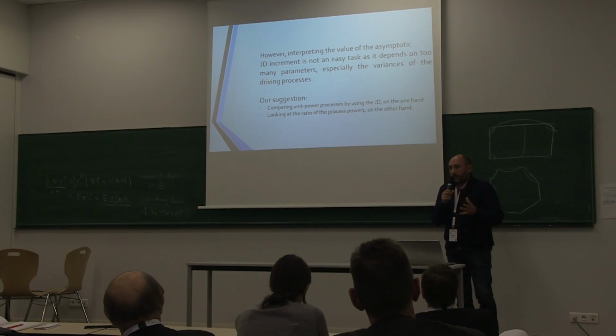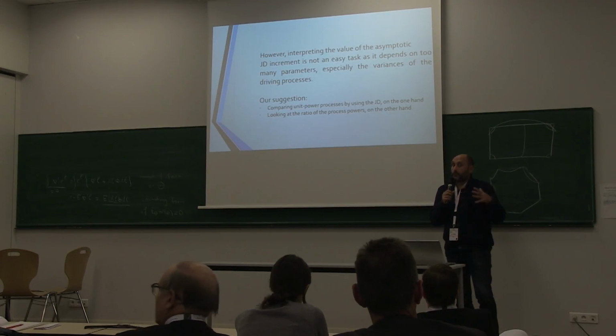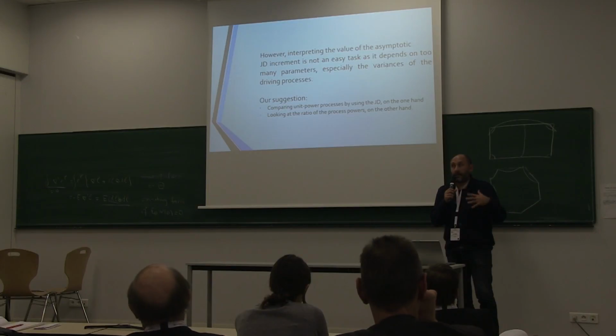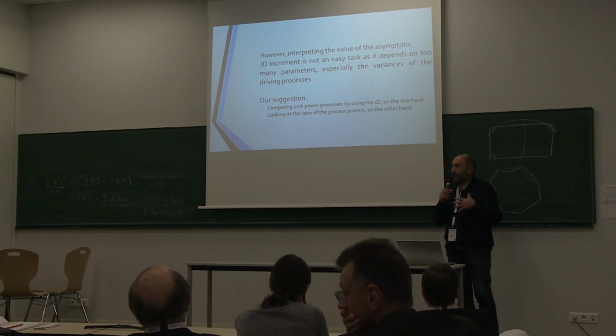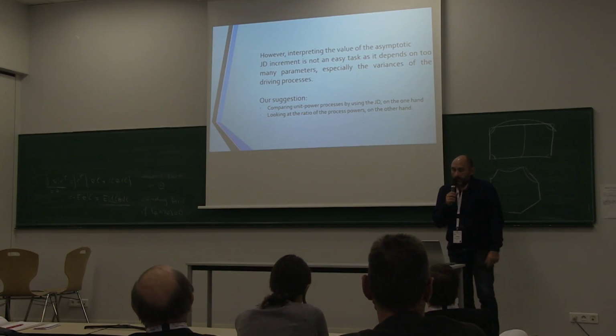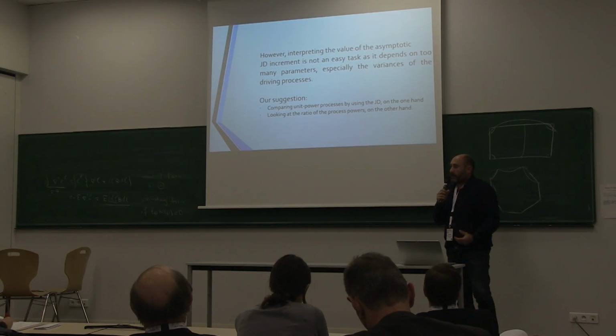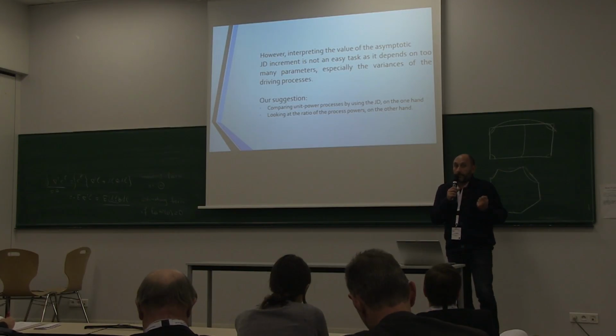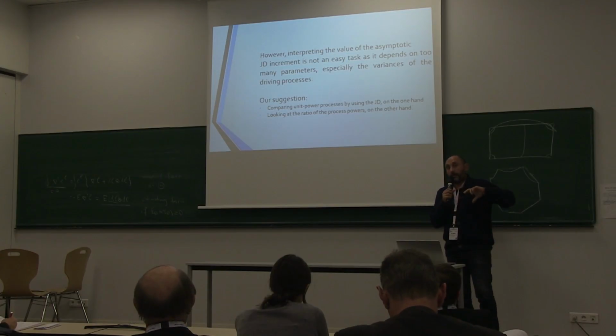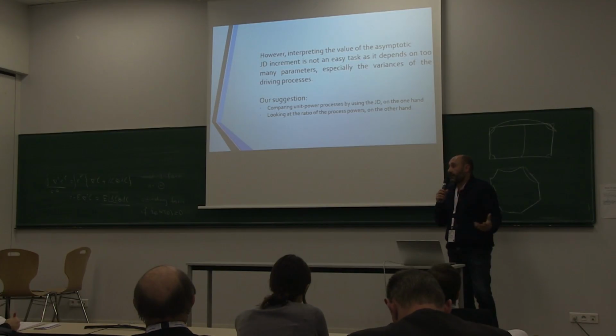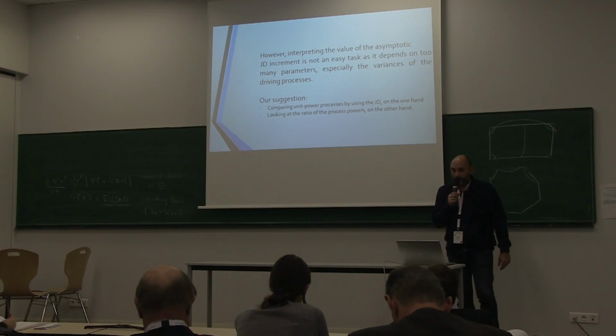And we saw that, as a matter of fact, it was quite difficult to compare this, and we could have very strange values, and it was very difficult. This is the reason why we just suggest to compare unit power processes, because in real applications from data we can always estimate the power, so we can deduce in fact unit power processes.